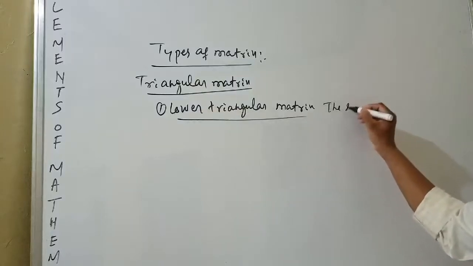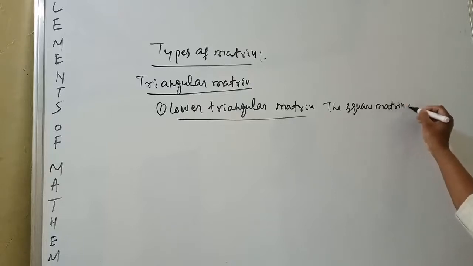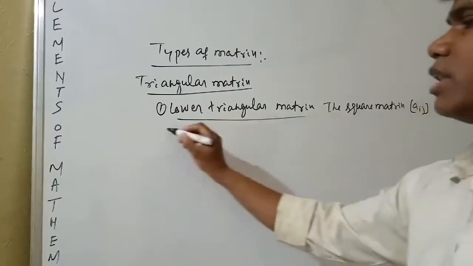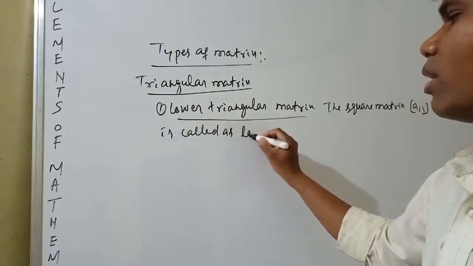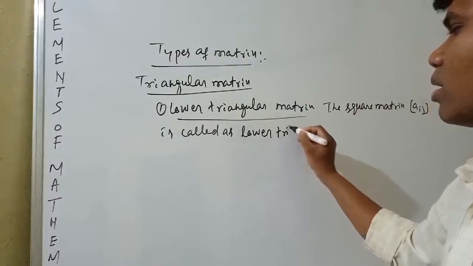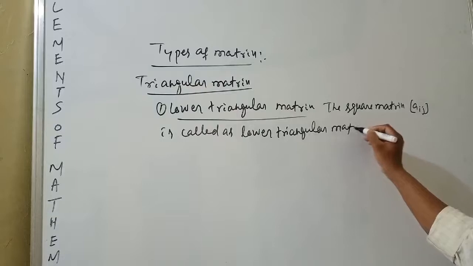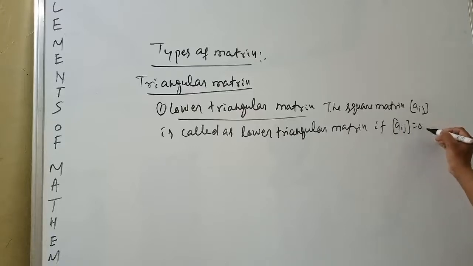The square matrix Aij is called a lower triangular matrix if Aij is equal to 0 for i less than j.